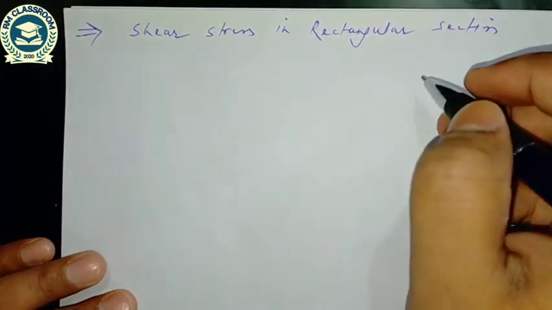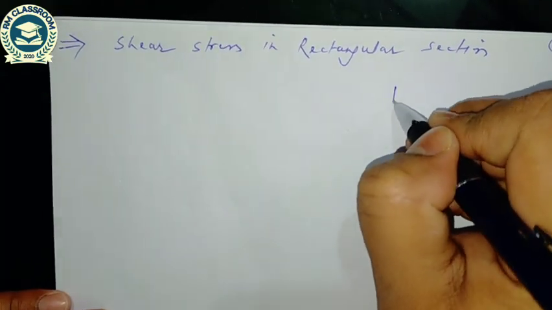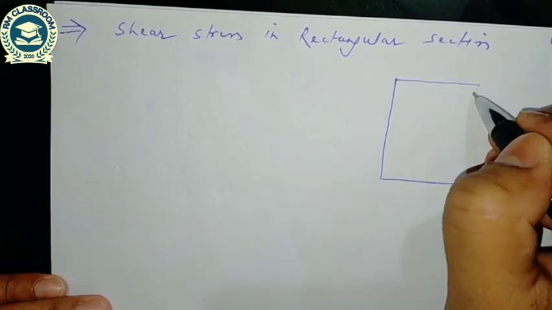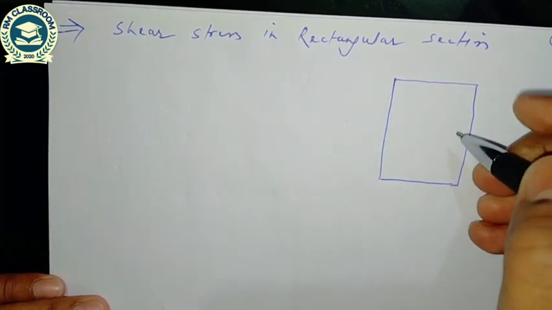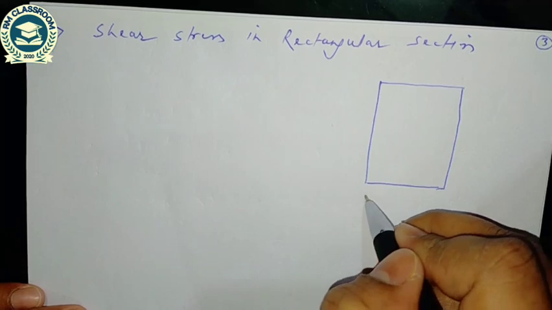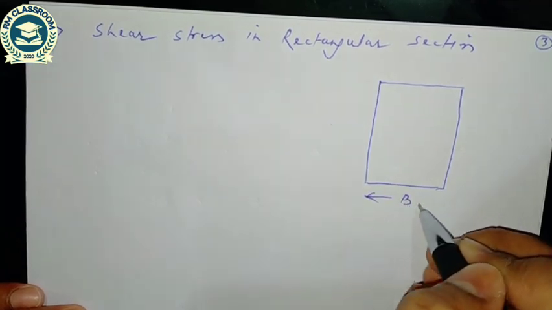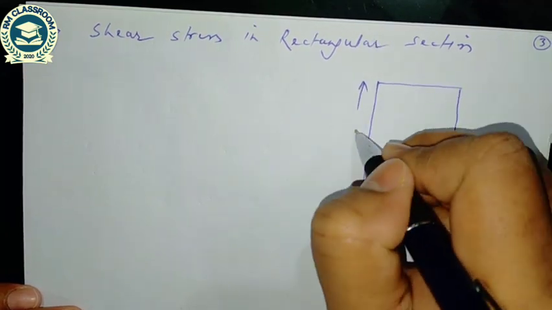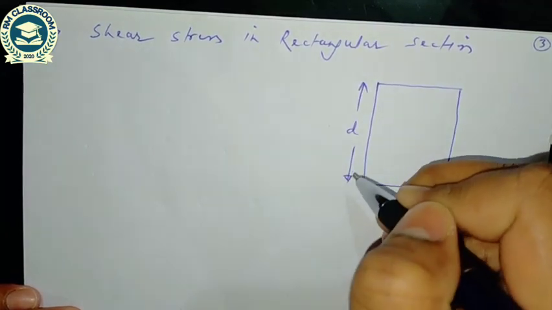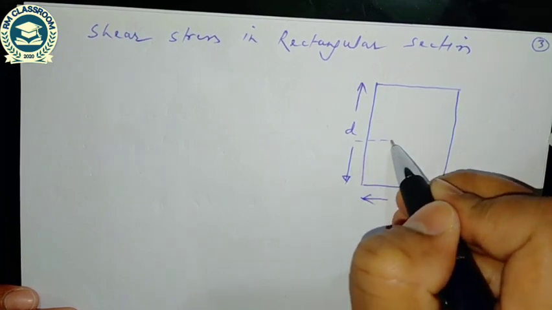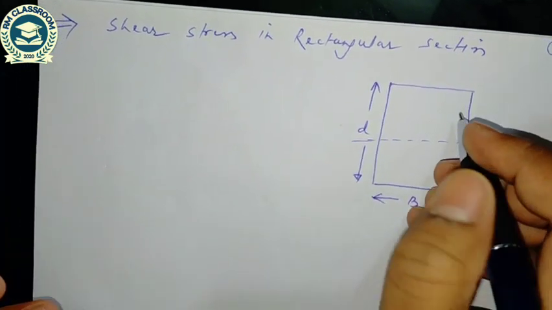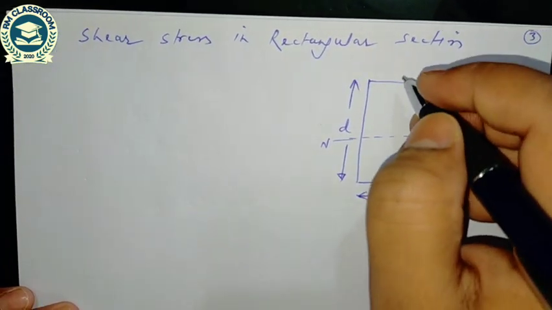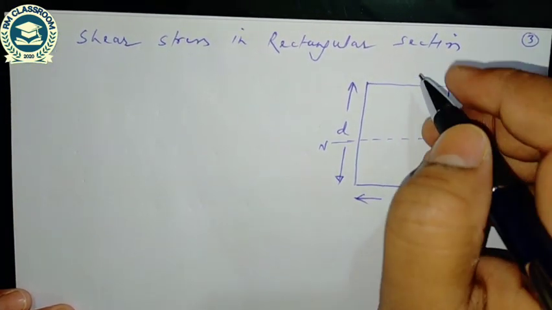show you. So let us take a rectangular section having the width capital B and depth small d. So we know the neutral axis of this rectangular section is at a distance of d by 2 from the top or bottom.